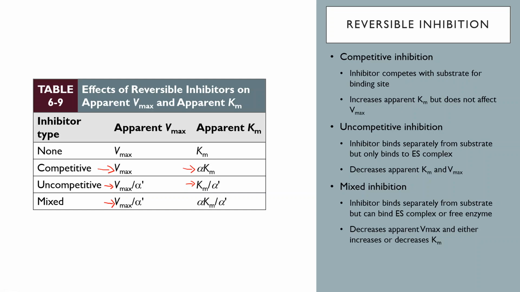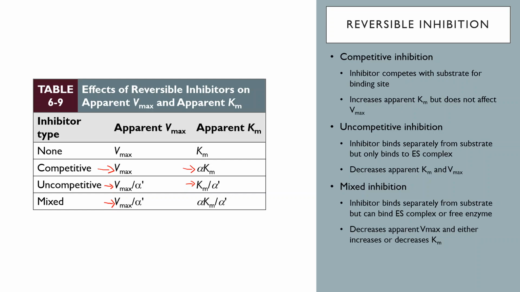Now, the reason that the Vmax is only dependent on that one type of inhibition is because the Vmax really is dependent on the substrate concentration. So when the substrate concentration is so high that the inhibitor really doesn't even have a chance to bind, it doesn't really matter if it's competitive or uncompetitive.